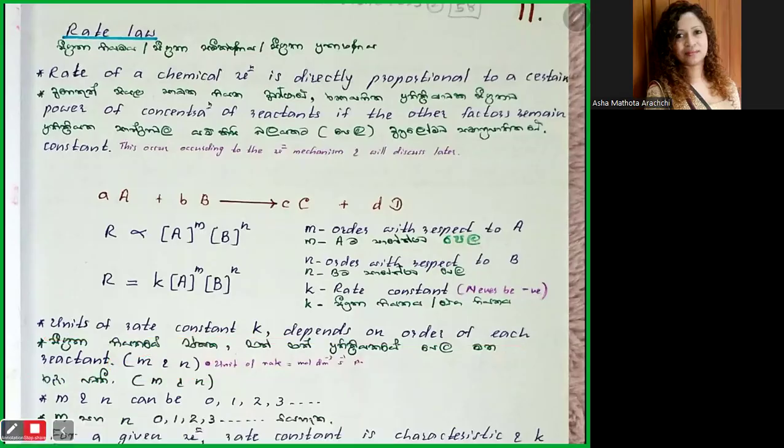Next point, M and N can be 0, 1, 2, 3, and so on. Get a screenshot, I'm going to scroll up.